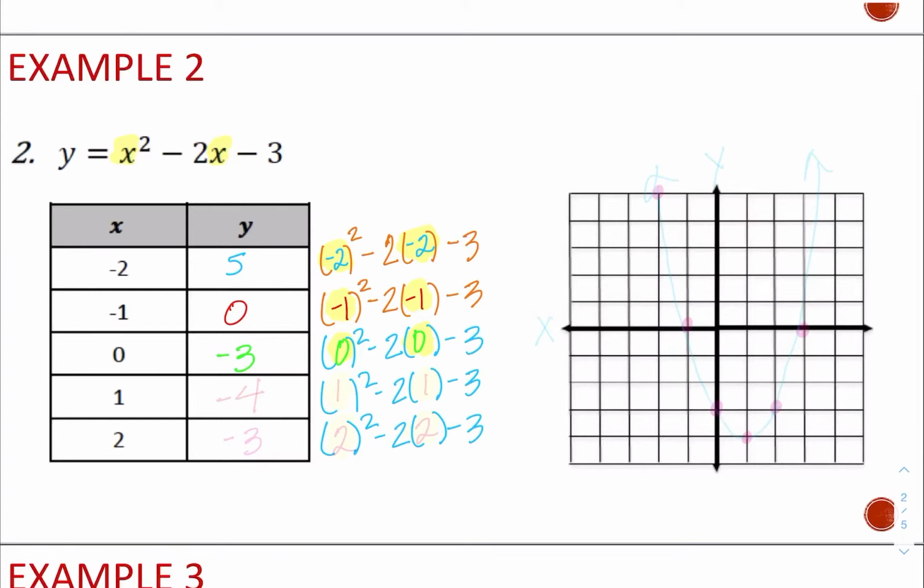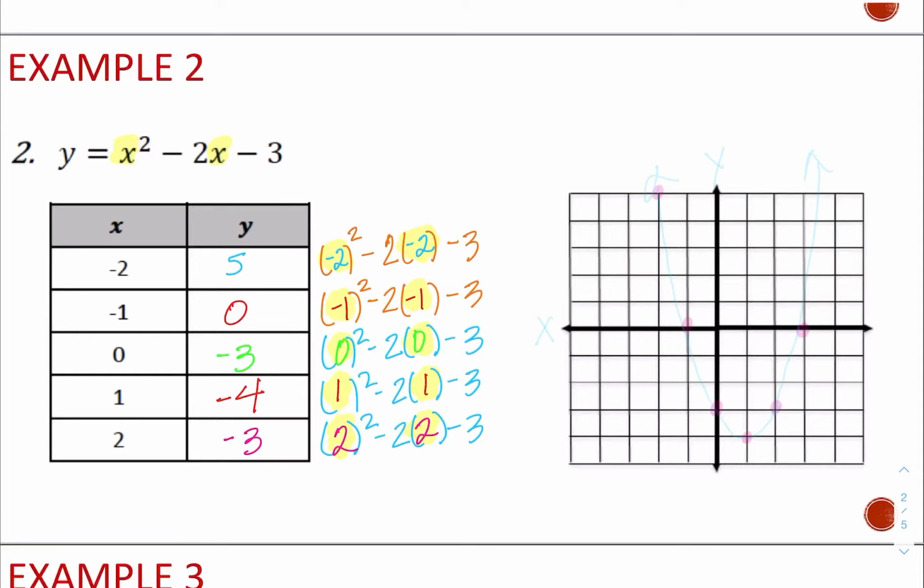Next, I'm going to input 1. Once you input 1 into your equation, you should get negative 4. And then lastly, I'm going to input 2 into my equation. Once you input 2, you should get out a value of negative 3.